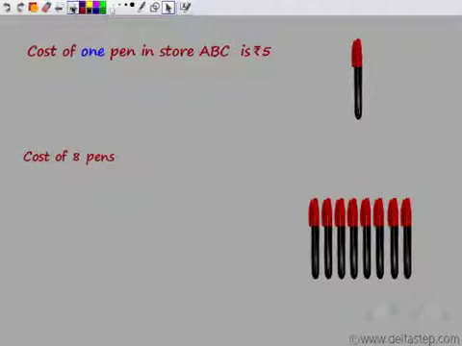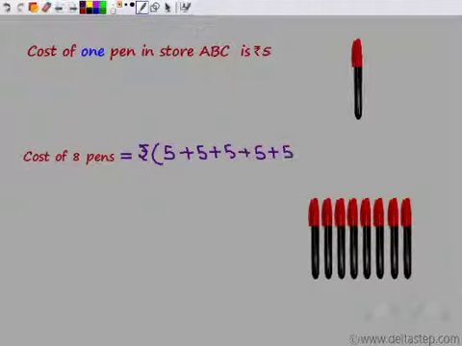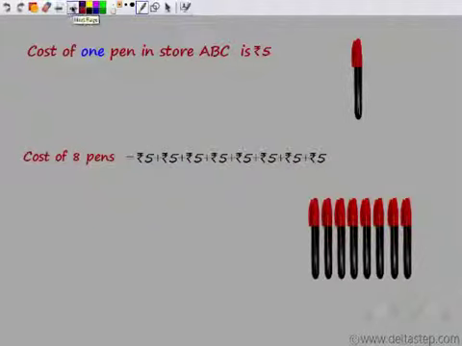Now this 1 pen costs 5 rupees, so for 8 pens you have to add 5 eight times. This would be the cost of 8 pens.